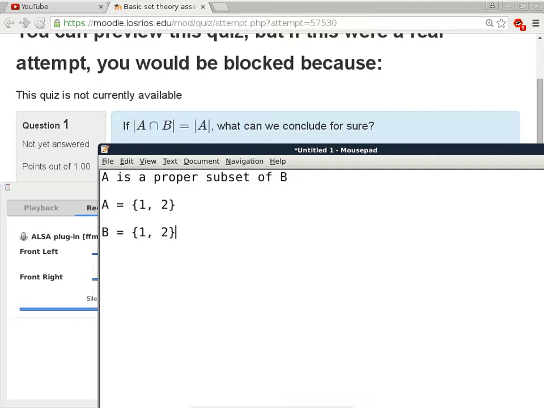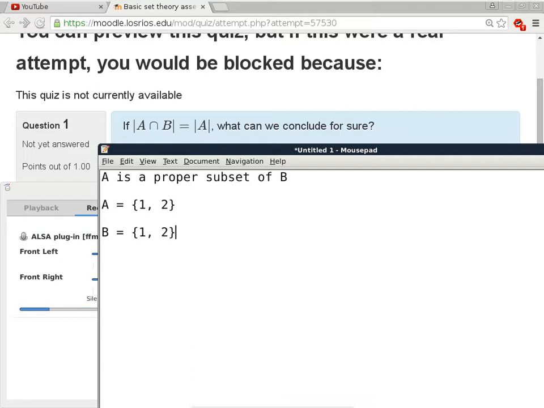If you look at the definition of set A and the definition of set B, it certainly meets the requirement. It meets the premise, right? Because in this case, what is the intersection of set A and set B? It will have the elements 1 and 2, right? So the intersection would have the same number of elements as set A in this case.